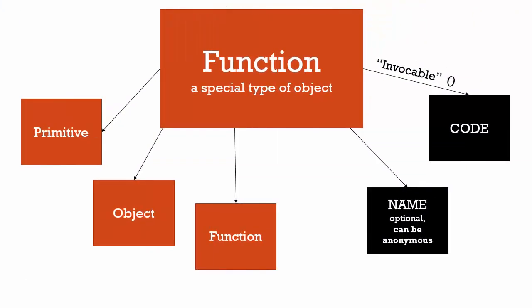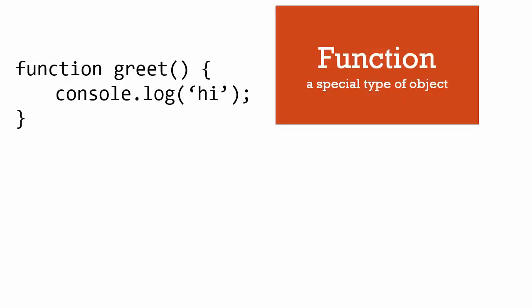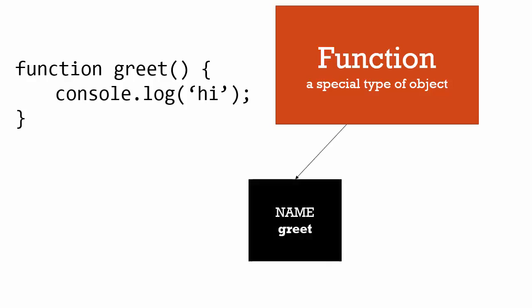So when I created this function, what did it look like? I had this greet function, and when it was created, this function object was put in memory. In this case, onto the global object. And it had a name. So the name property is greet, because that's what I named my function.